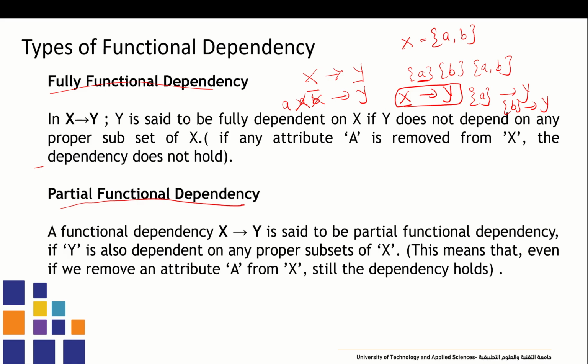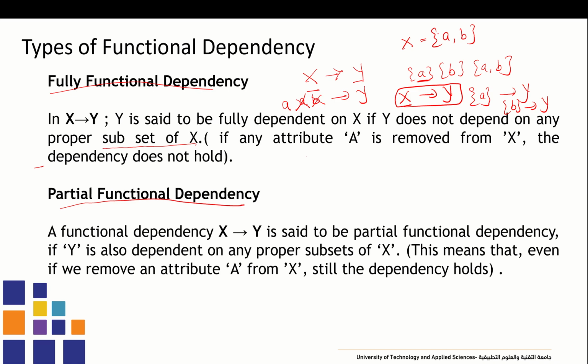Let's read the definition. Y is said to be fully functionally dependent on X if Y does not depend on any proper subset of X. Okay, did you understand this? It means you should not be able to determine the value of Y based on any proper subset.